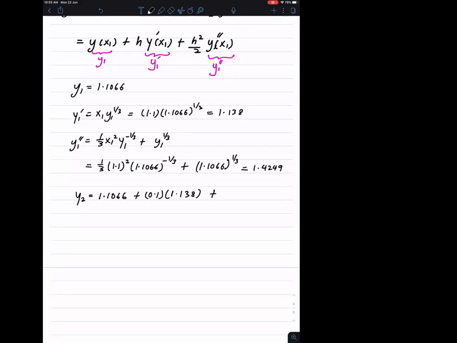Then next is h squared, 0.1 squared. h squared divided by 2 is multiplied by y1 double prime. y1 double prime earlier, we calculated this to be 1.4249.